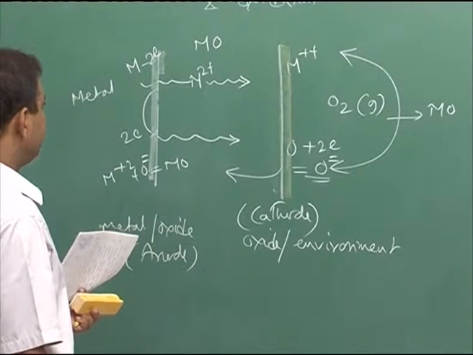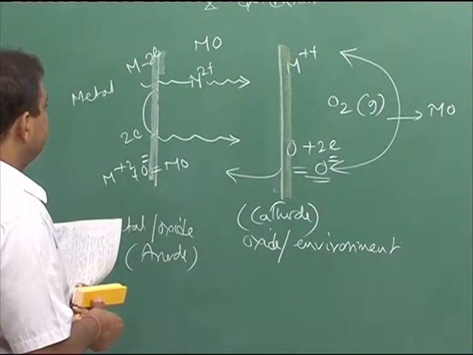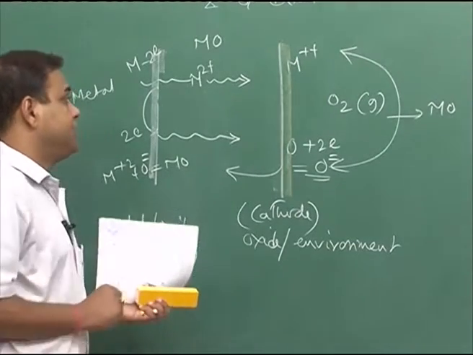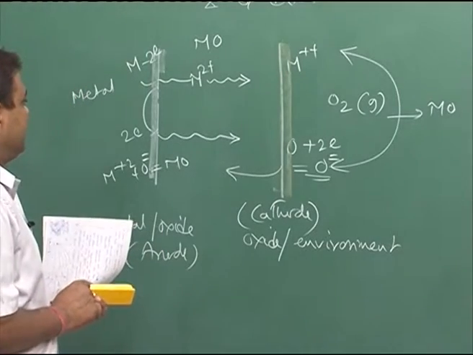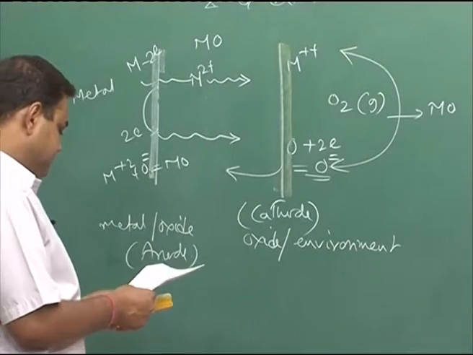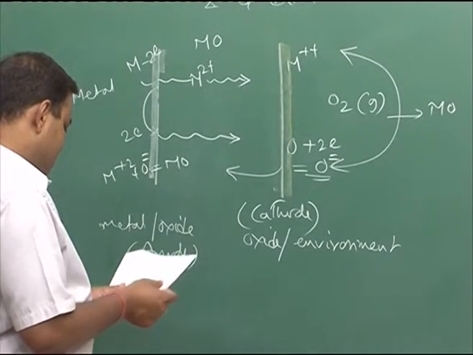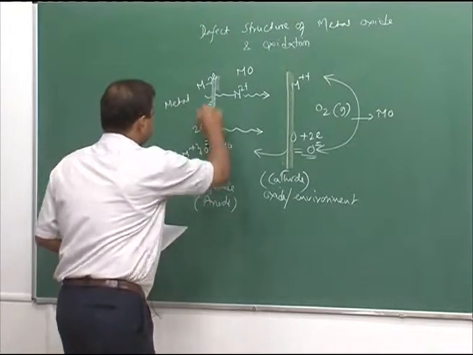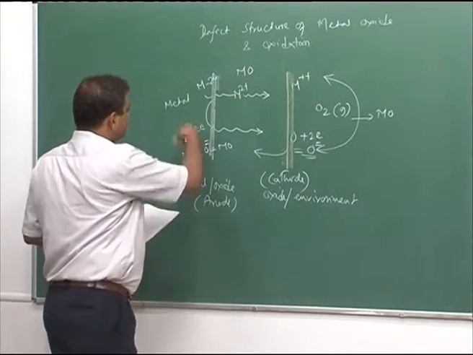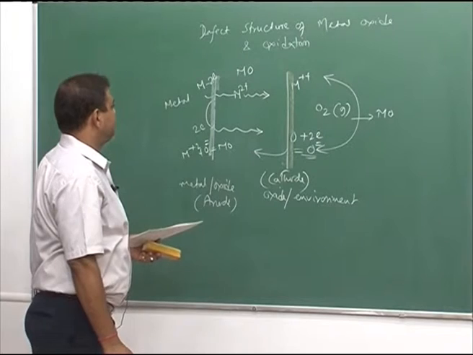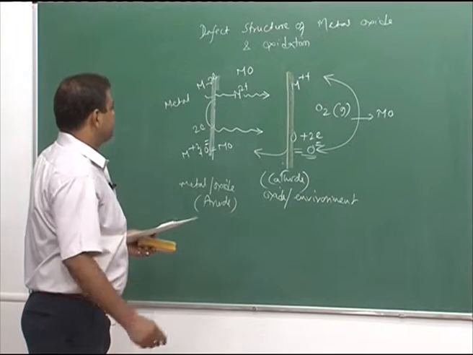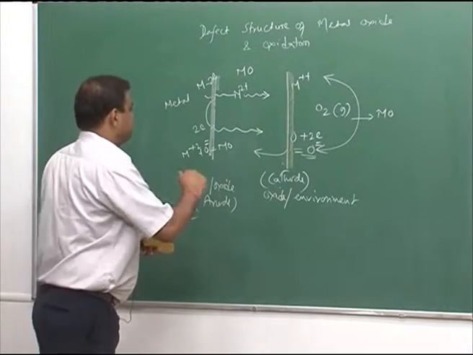Now, there could be a simple experiment which can tell you which is the governing factor, or which interface is actually growing. That is the marker experiment: attaching a noble metal wire, such as platinum, on the metal surface before the oxidation, and seeing the position of that noble metal wire after oxidation.